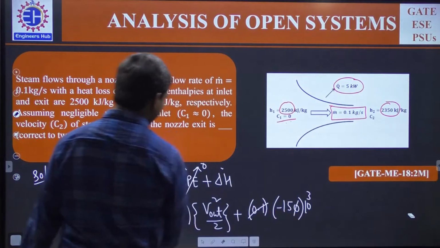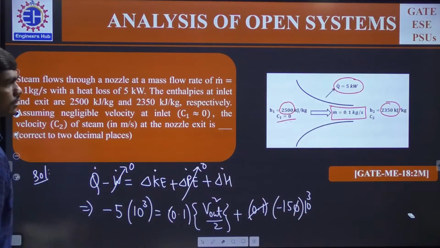I think the value could be a bit more, because generally nozzles accelerate the fluid to hundreds of meters per second. Minus 447 could be reasonably correct. Let us see what could be the value.